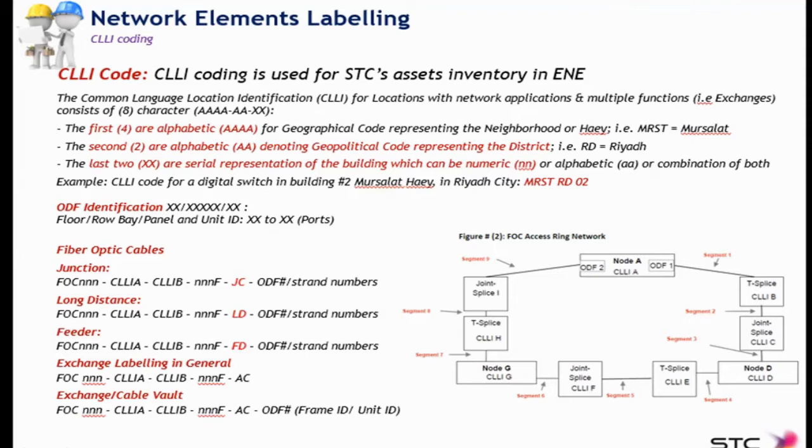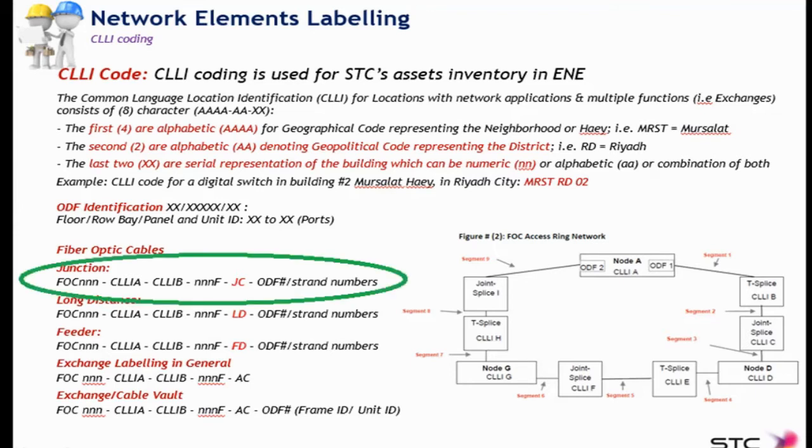So the CLLI codes are given to the network assets. Then when a cable has to be identified, it takes the origin and destination network element CLLI code. So you have an example here.